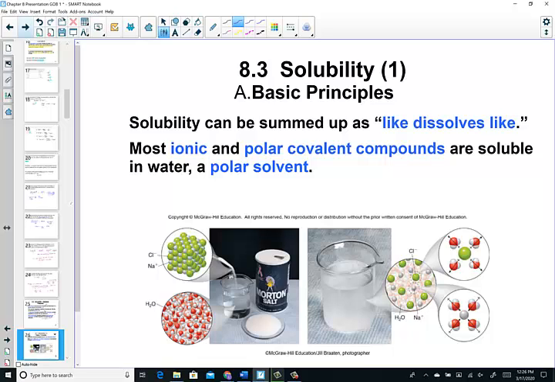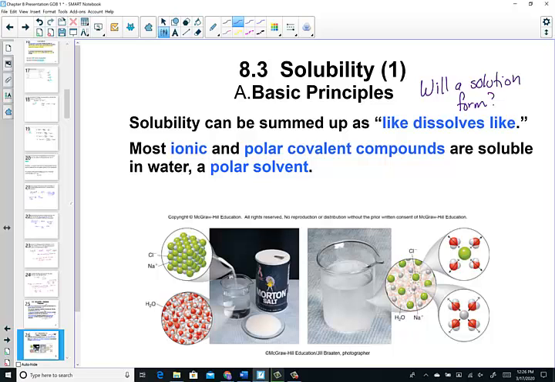The general question of solubility, will a solution form, can be summed up with a general saying: likes dissolve likes. Will the solute actually dissolve in the solvent? And the answer is yes if polar dissolves in polar, or ionic dissolves in polar, because they are both charged substances.